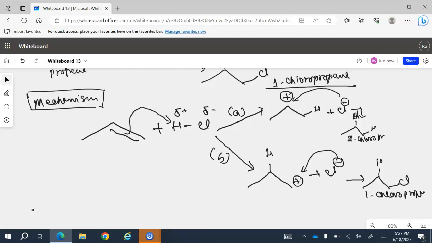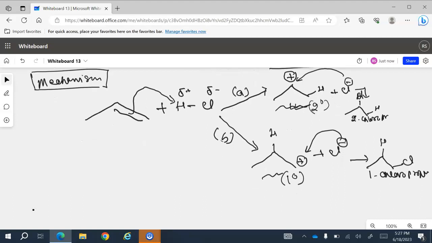Now, if we closely look at this intermediate carbocation, in path A the carbocation generated here is a secondary carbocation, whereas in path B the carbocation generated is a primary carbocation. This one is secondary and this is primary. And you are all very familiar with the stability of the carbocation.